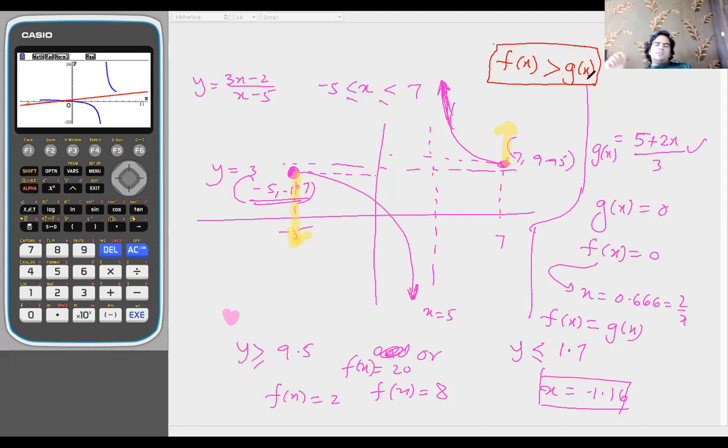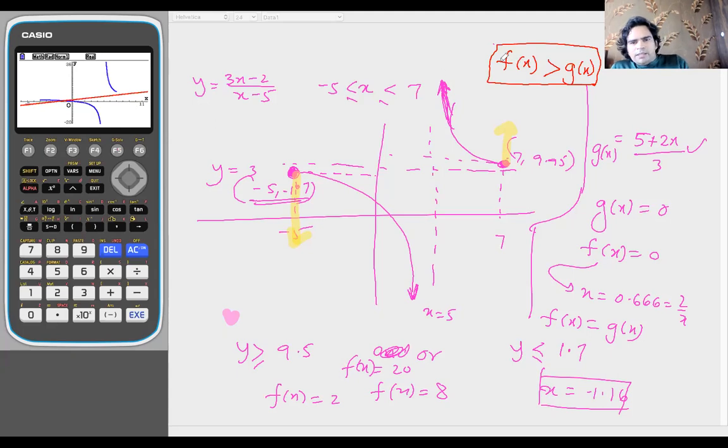In simple terms, they are asking you to solve the inequality where your f of x is higher than g of x. Now when you say f of x higher than g of x, what it means is that the f of x graph I drew, which is the purple one, and g of x, the red graph.